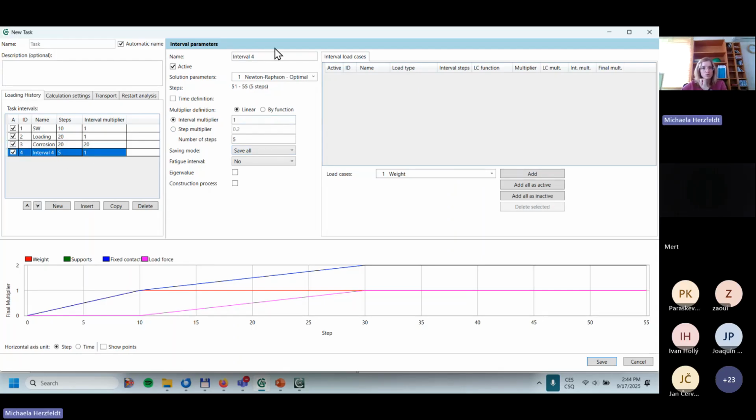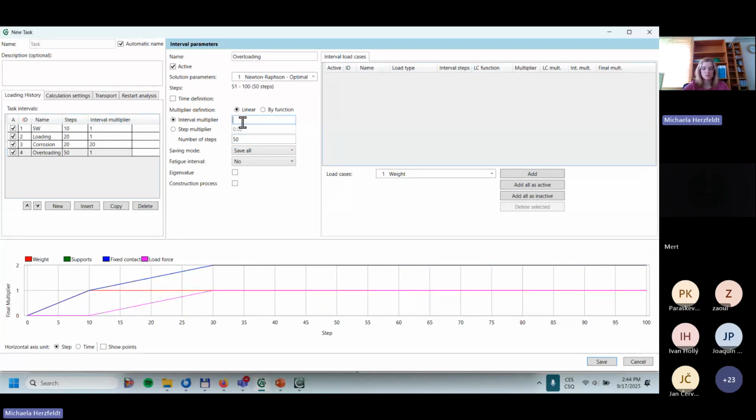And then we go to the last interval, which is overloading, where we are going to test the load-bearing capacity of the structure. It is divided into 50 steps, and here we work in millimeters, so we will try to get more millimeters of deflection.